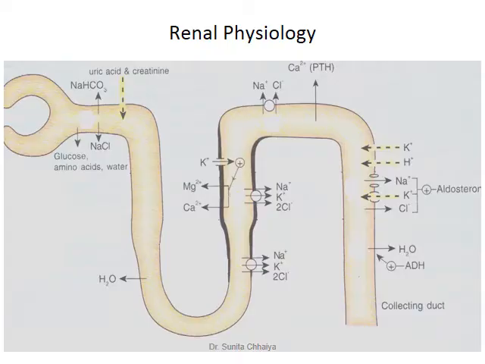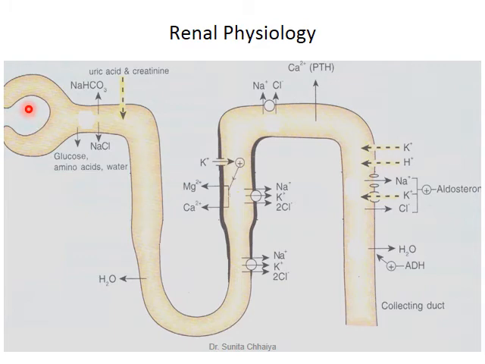So here you can see that there are different segments of the renal tubule: the glomerulus, proximal tubular cell, descending limb of loop of Henle, ascending limb of loop of Henle, distal convoluted tubule, and collecting duct.